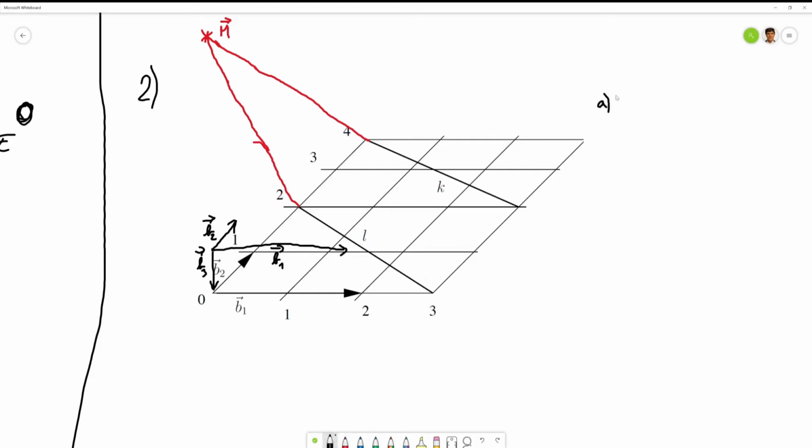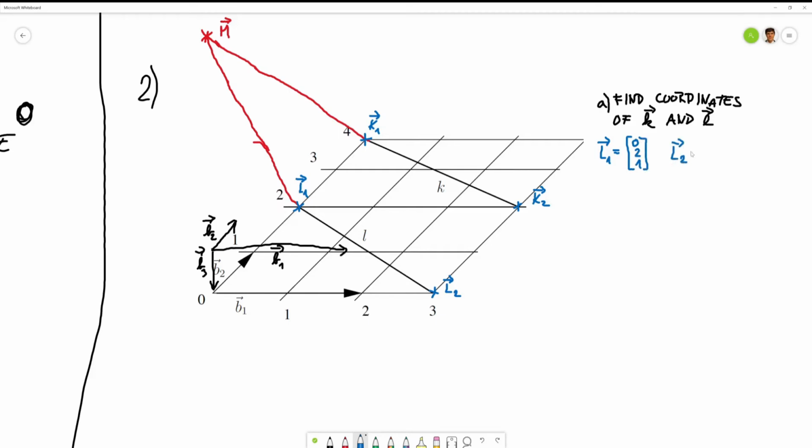First we have to write the coordinates, or represent K and L. One way of doing that is simply to find 2 points on L and 2 points on K, and then create a cross product of L1 and L2, these points on L, to generate the coordinates of the line, and the same for K. In our case, L1 is (0, 2, 1) and L2 is (3/2, 0, 1).